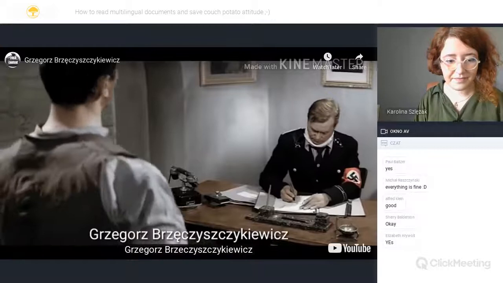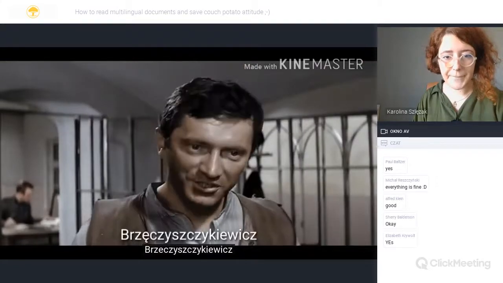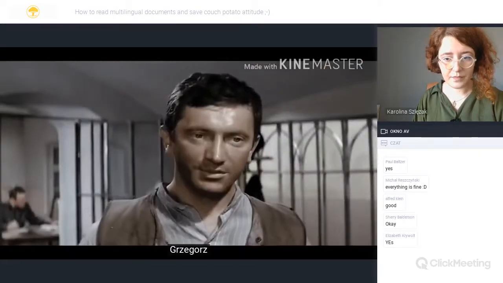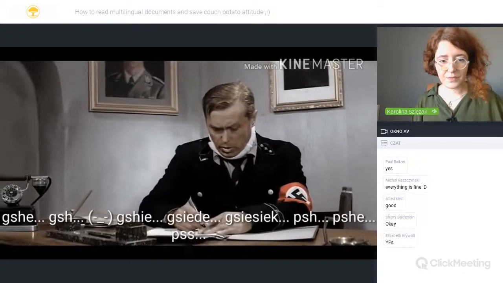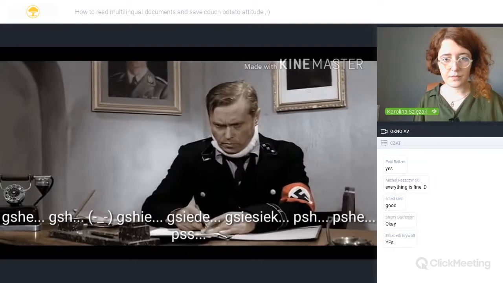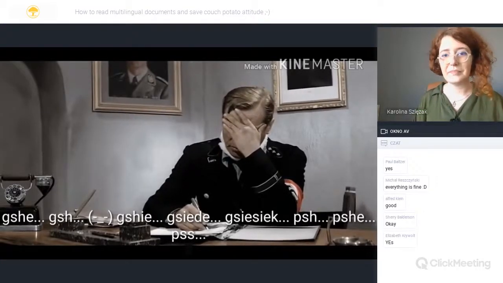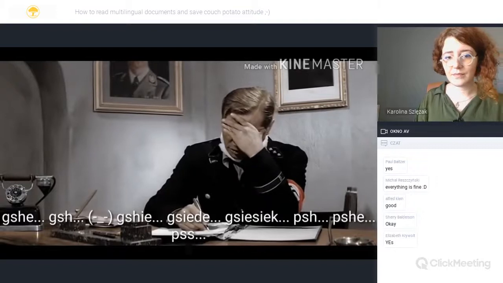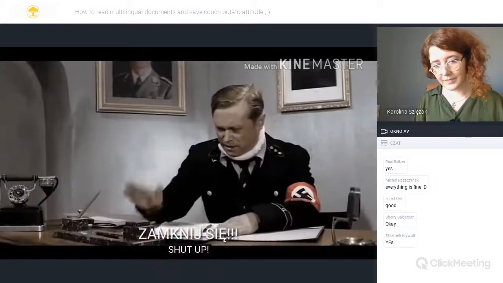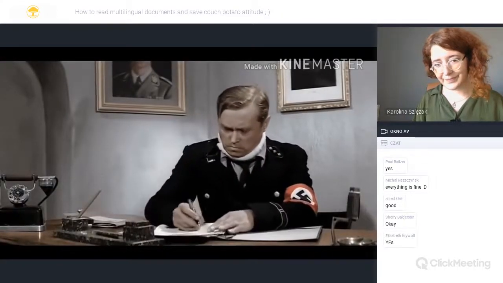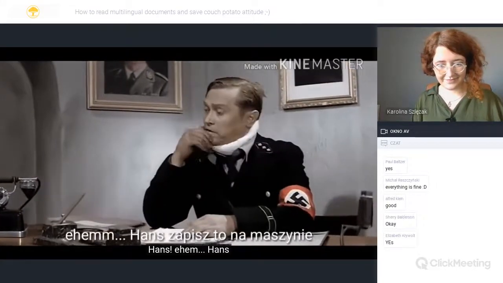Naam en voornaam? Grzegorz Brzęczy-Sztykiewicz. Brzęczy-Sztykiewicz. Jawohl.